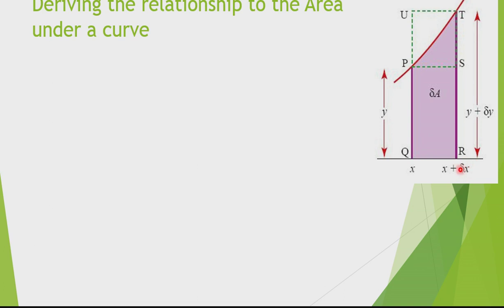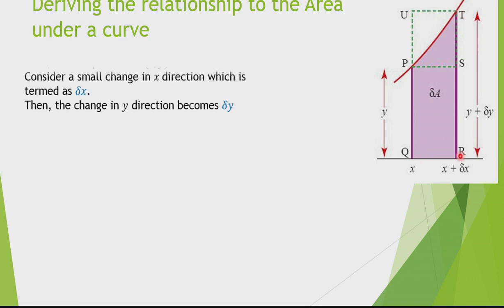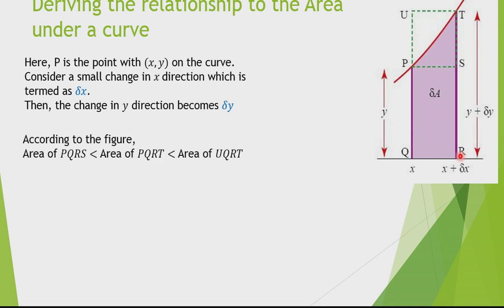Now we will try to find this area with the support of this method. I am going to consider three regions. One region is the PQRS rectangle. I can find that area by multiplying the length by the height or breadth. Then the next region whose area we need to find is PQRT, which is the area under the curve, the exact answer.